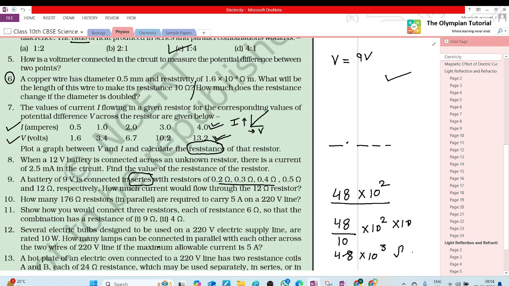So as they are in series, firstly we will calculate the equivalent resistance. In series, how can we calculate equivalent resistance? By adding them up, the resistances of the resistors. And what we got?